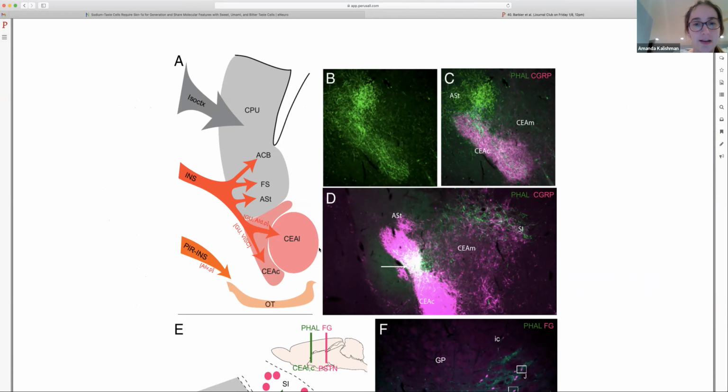So they show that the AST innervates the CEA essentially. Also from B and C, they noticed that the CEA innervation included the lateral portion, the CEAL, which is innervated by caudal AID and AIP, and the CEAM was not innervated by the rostral AID and AIP. So from B and C, they concluded that INS innervation encompasses the lateral and caudal parts of the CEA.